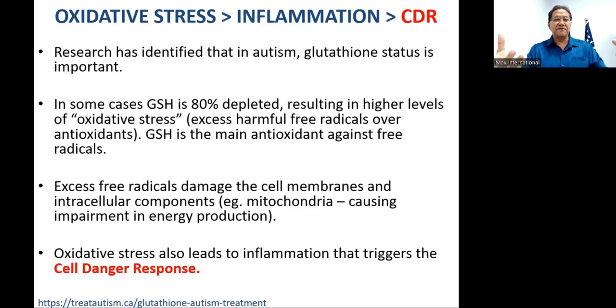Because if things go on as normal, then the oxidative stress and the inflammation will continue, and the cell might die. Okay, so as a response to protect itself, it goes into what is called the cell danger response. Then it goes into almost like semi-hibernation, which means now the energy production is slowed down. But with slowed down energy production, it's difficult to function.